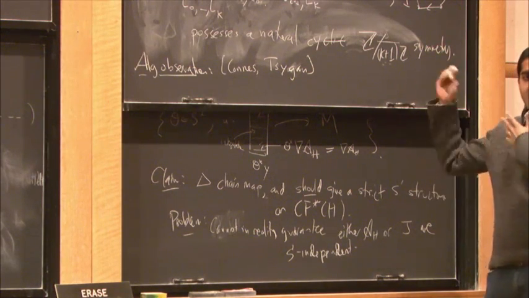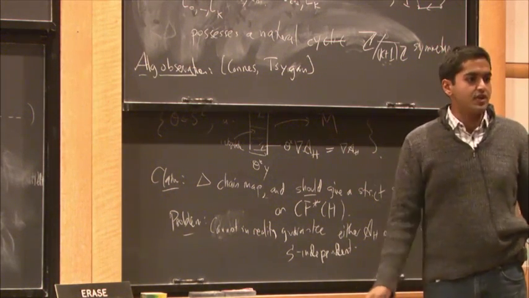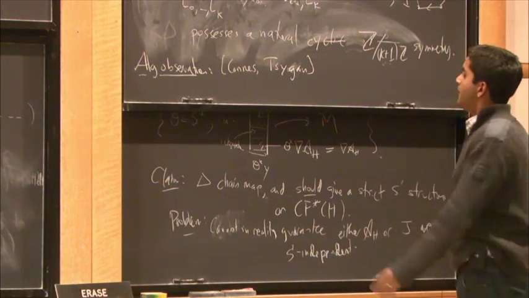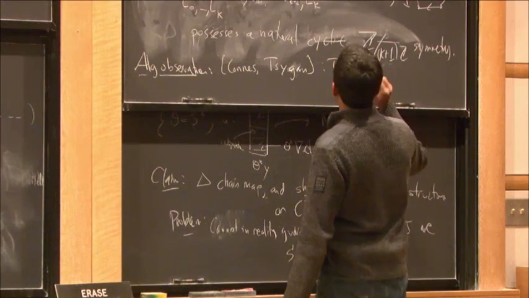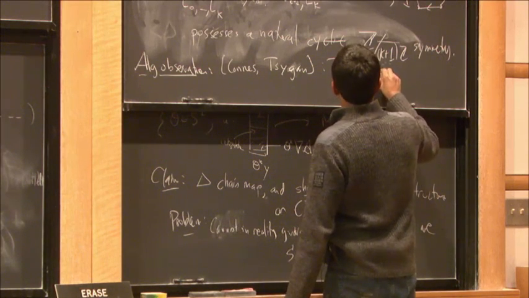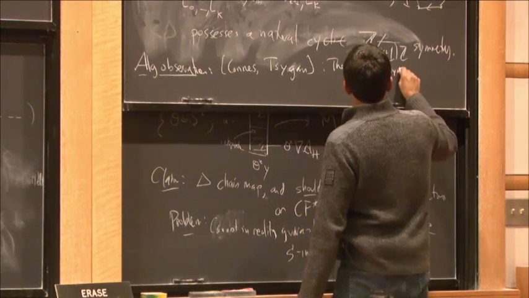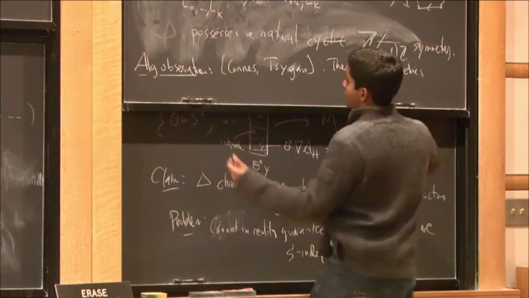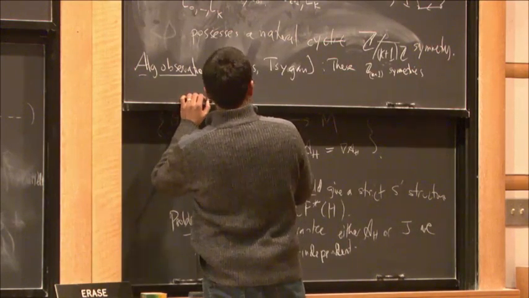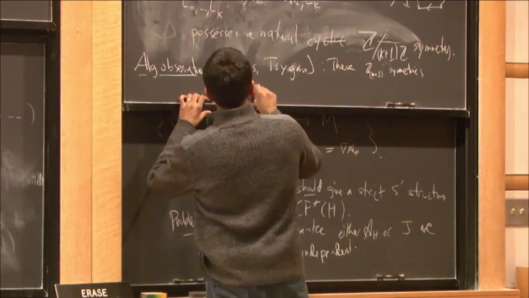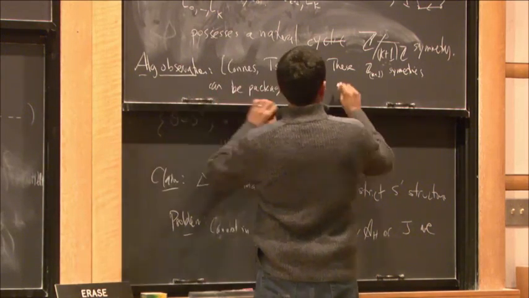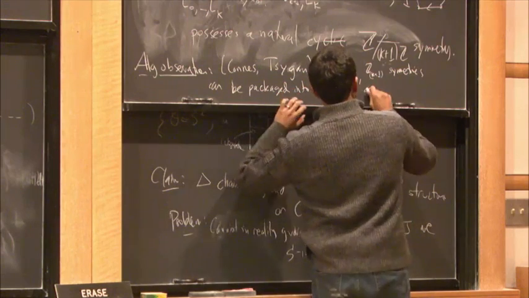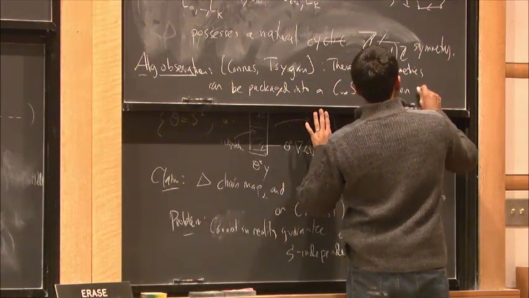Okay, so these Z mod k plus 1 symmetries can be packaged into a chains of S1 action on some big complex.